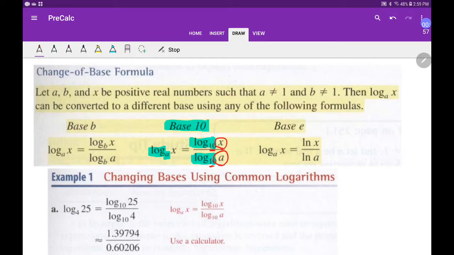So it's the desired result over the base, with the logarithm that I can handle, log base 10. Anyway, it's super useful.